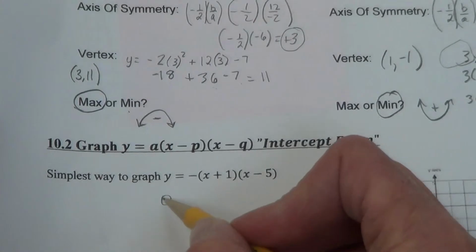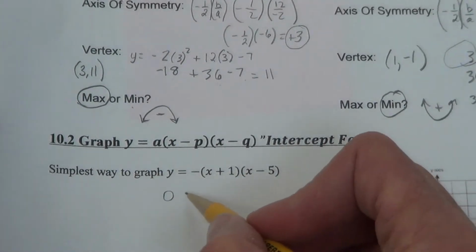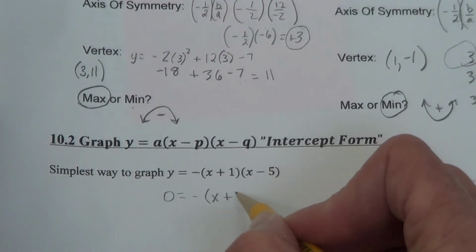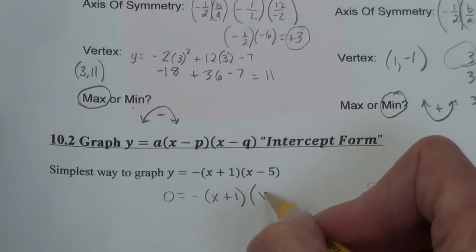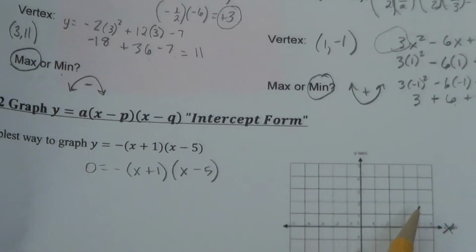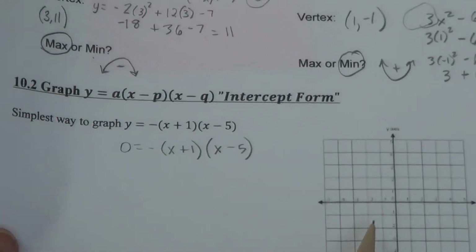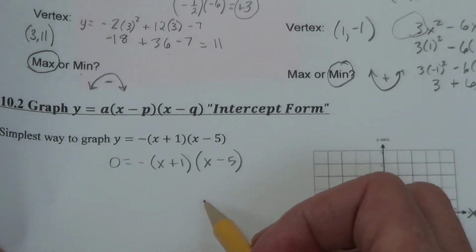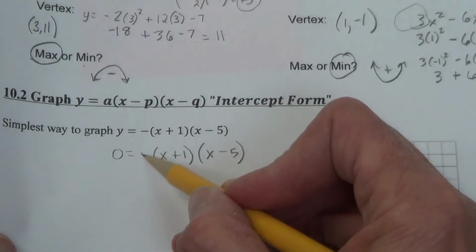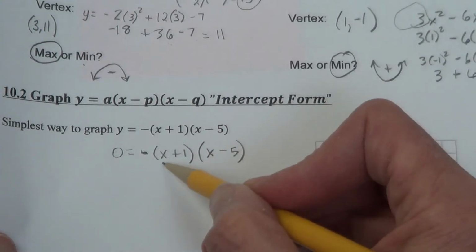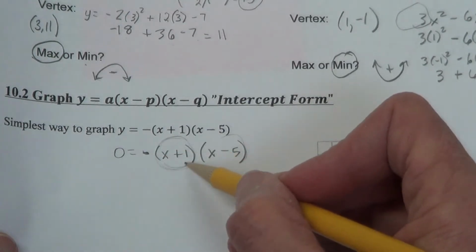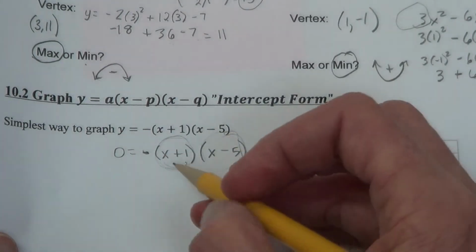So if we plug 0 in there for y, and we solve for x, well, that tells us where this graph is crossing the x-axis, wouldn't it? So with that in mind, we don't have to worry about this negative out here, because we know when this times this equals 0, one of these or the other one is 0.